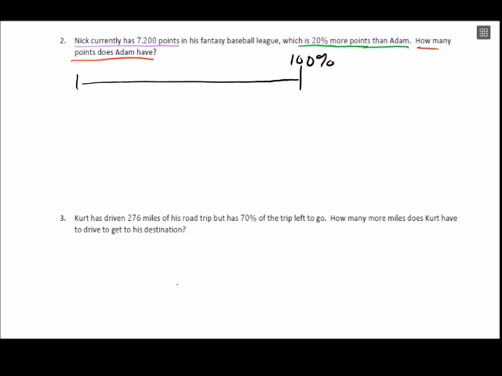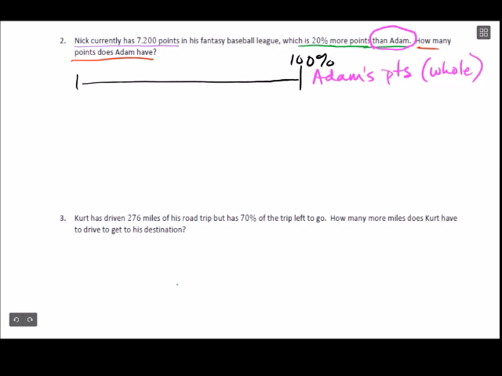What is everything being compared to? And what we find out is that we are comparing to Adam. Our indicator word here is "than Adam." So this is Adam's points, and Adam's points is our whole.